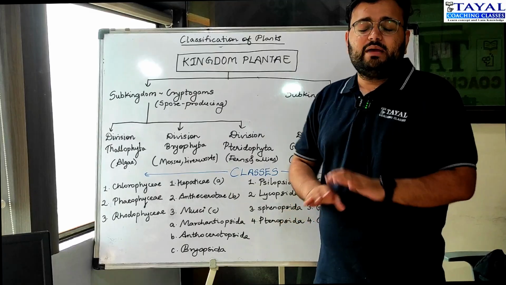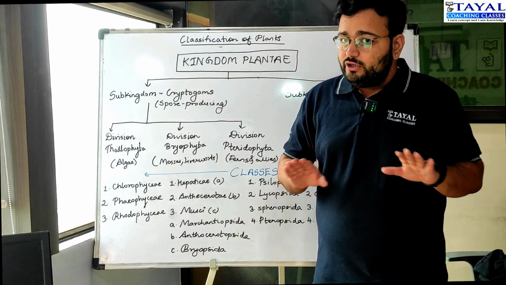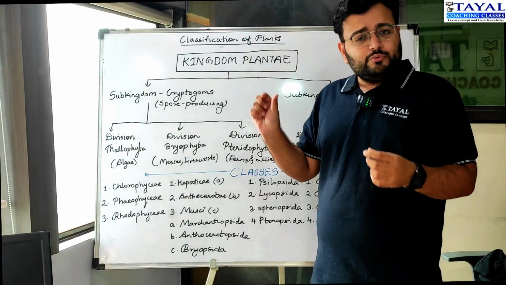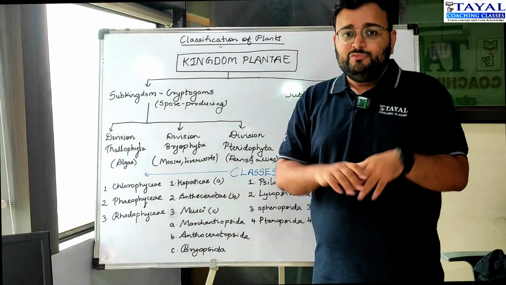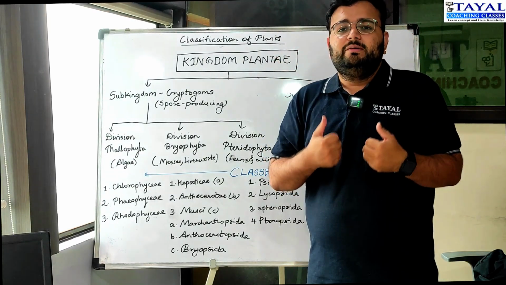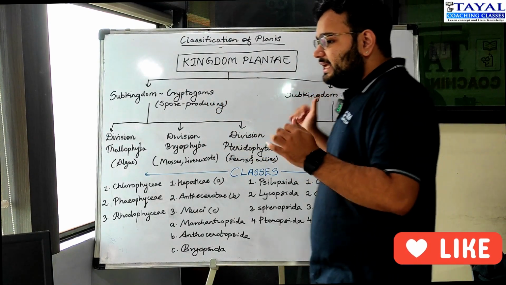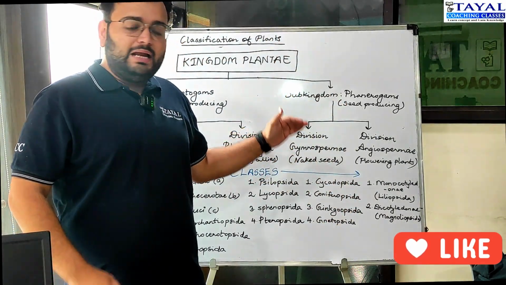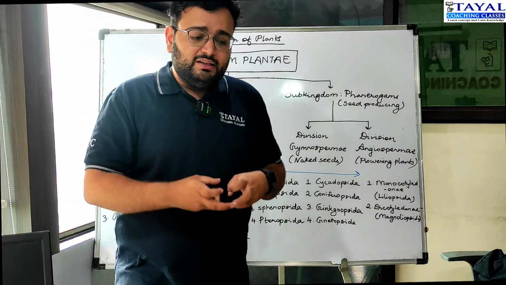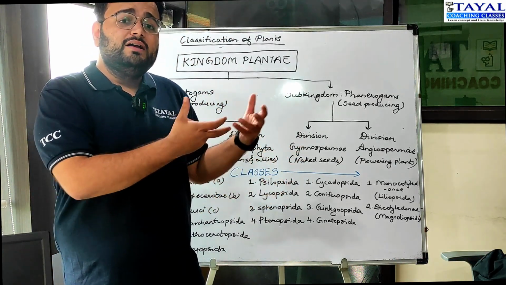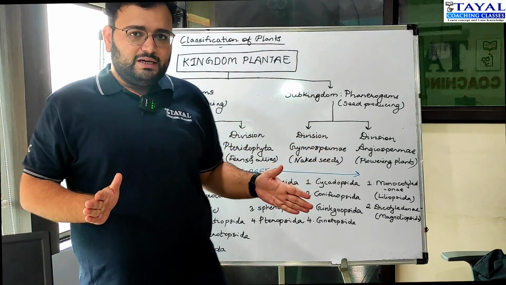So these cryptogams do not produce seeds, do not produce flowers, do not produce fruits. They only produce spores and reproduce by them. And when we talk about the phanerogams, they are the seed producing plants. That is, they have fruits, they have flowers, and they have seeds, and their propagation occurs via seeds. So these are the two main subkingdoms.